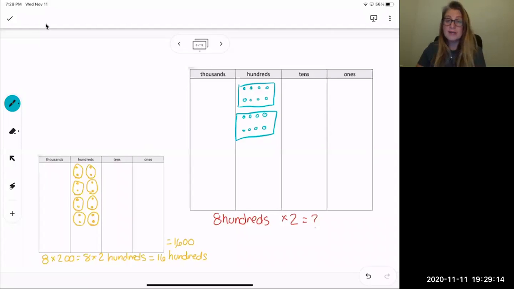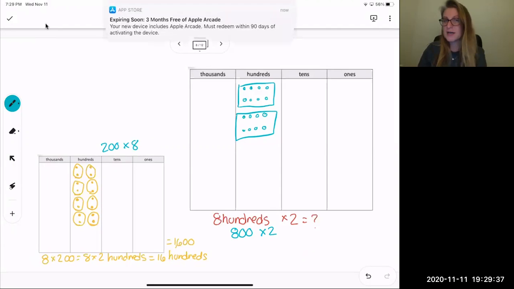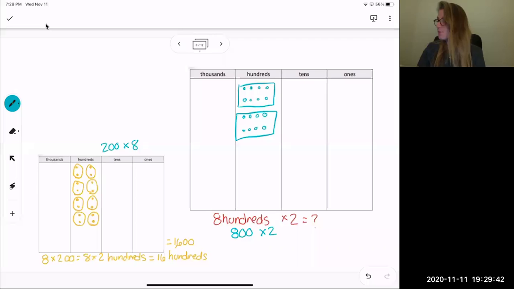So really, nothing is changing except for the way we're representing this number. Okay, it is important to note that just because our number would be 800 times 2 versus 200 times 8, they're going to be the exact same answer, because if we decompose both of these numbers, we end up with the same problems. So let's try that.